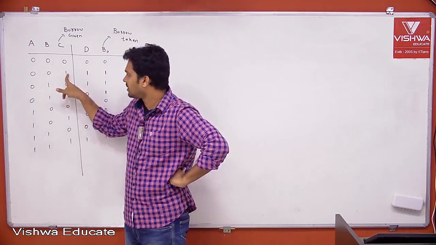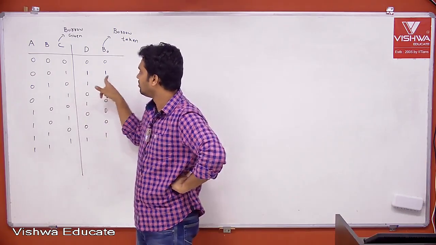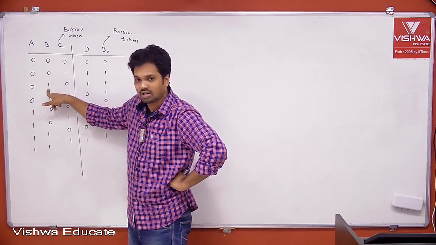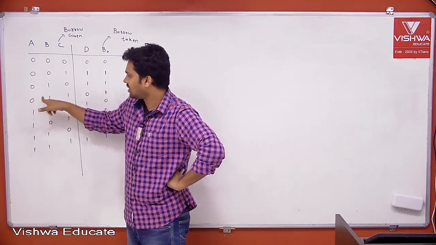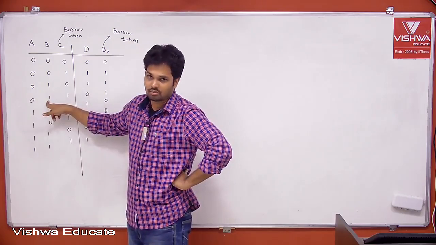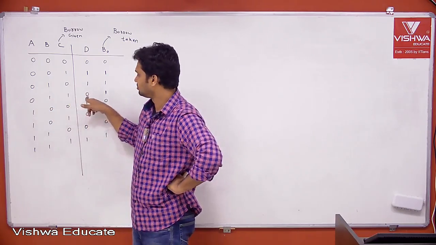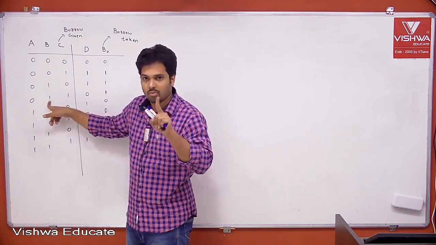If you want to subtract 1 from 0, I already discussed in the half subtractor: difference is 1, borrow is 1. Again here also, 0 minus 1, difference 1, borrow 1, minus 0, so 1, 1. 0 minus 1, difference 1, borrow 1. So again that 1 minus 1 is 0. Is it clear? 0 minus 1 is difference 1, borrow is also 1.